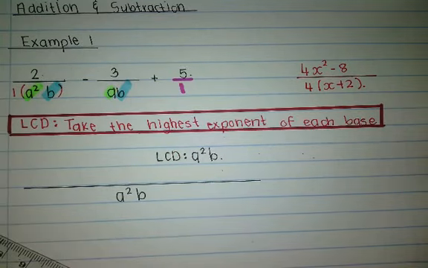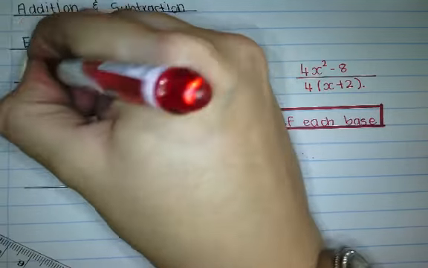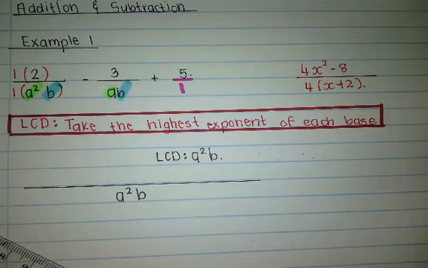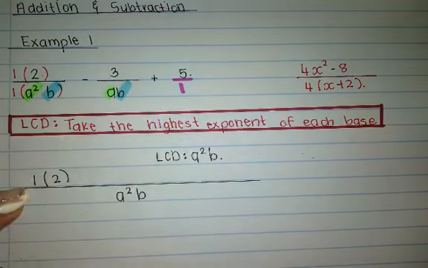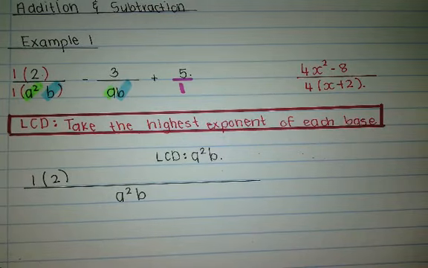But whatever you do to the bottom, you do to the top. We're looking at the denominators to make them multiplied by something to make it look like the LCD. So I'm going to write it down exactly like it is for now. This is 1 bracket 2 for now. Right, let's move to the next one.